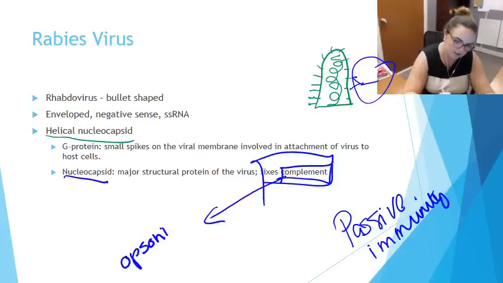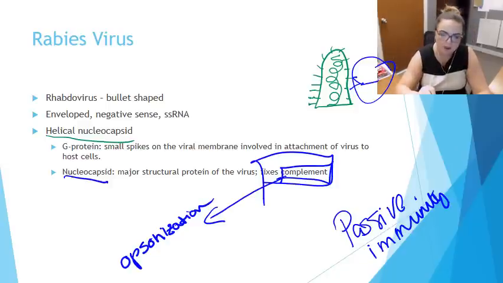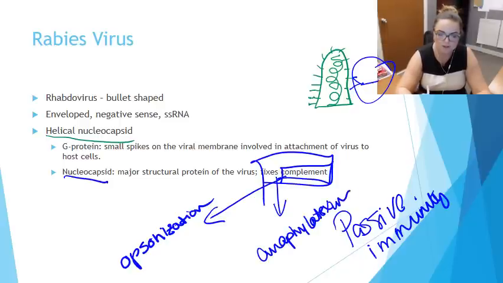That's the main thing it does. And that can be helpful. I mean, it's always good to swallow up viruses and destroy them. Unless it wants to get into that cell, then that's a whole other story. But the other thing it does is inflammation, right? We have those anaphylatoxins and those chemotoxins that are going to recruit more immune cells to help promote the inflammatory response. So that can actually be very helpful.